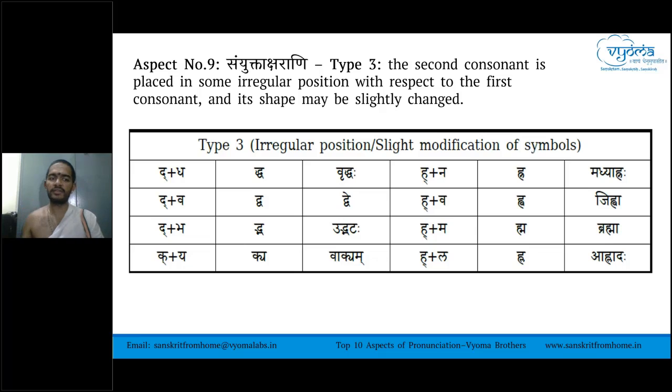Dve: when we say da with vakara, the va just comes below, one round below. It is not the full shape of vakara. Vakyam, jihva, ahladaha, and so on. Mainly with hakara, the na is written in between, rakara is written in between, and so on. That is the third type: a slight modification of symbols, but it pretty much remains like that.